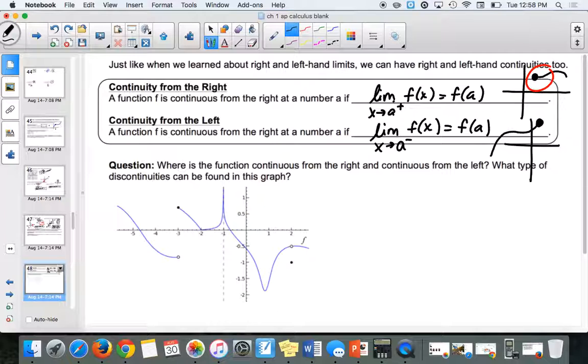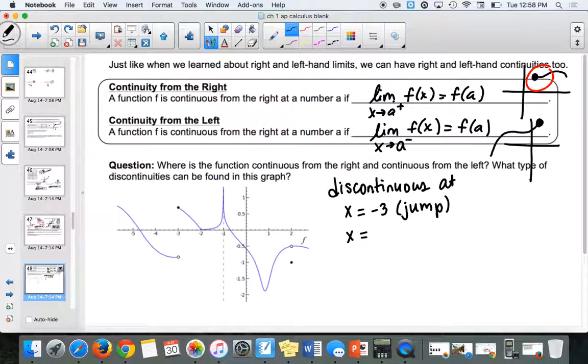Okay. So let's first talk about where it's discontinuous in general. Discontinuous at x equals what, x equals what, x equals what. So at x equals -3, definitely, right? What type of discontinuity is that? It's a jump.